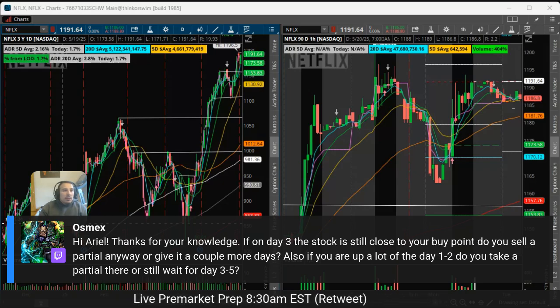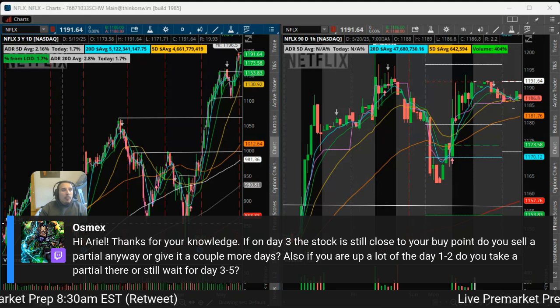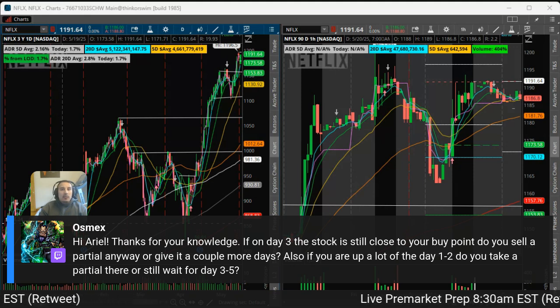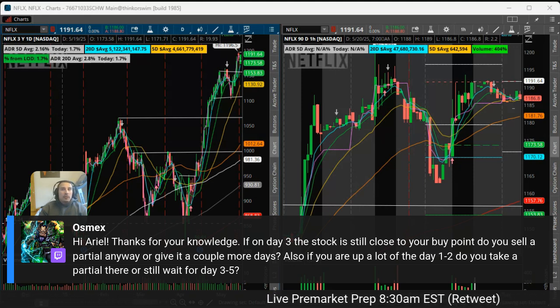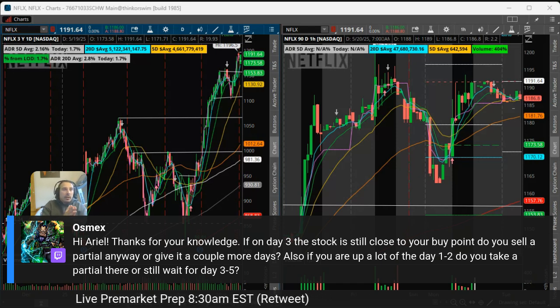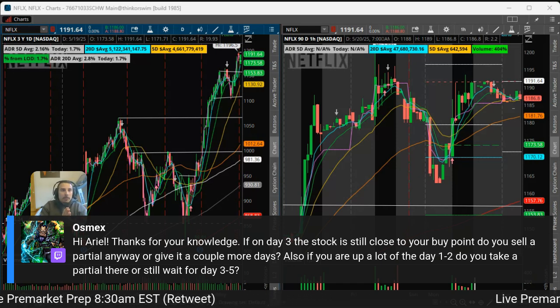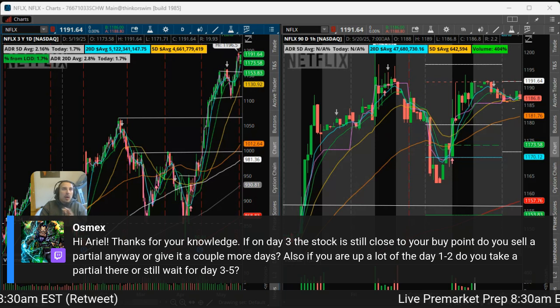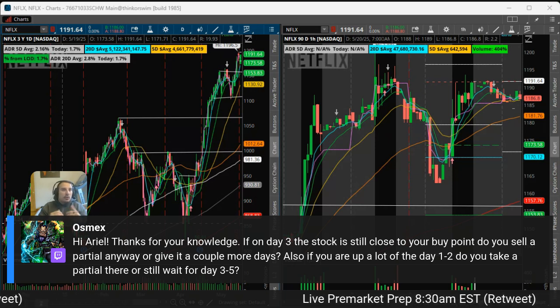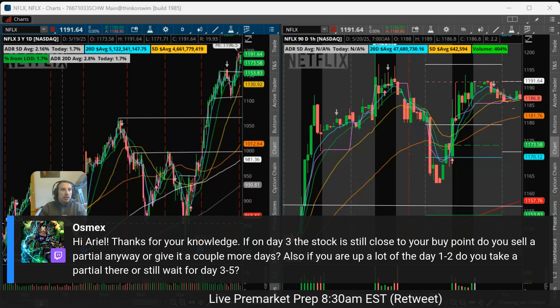If on day 3 the stock is still close to your buy point, do you sell a partial anyway or give it a couple more days? I'll still respect my initial stop. But here's the caveat, and I think this is the part you have to throw in, otherwise the question is misunderstood.